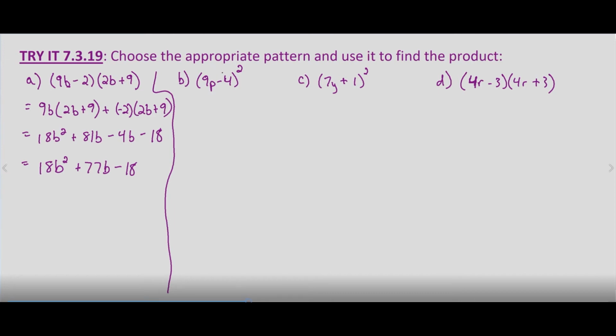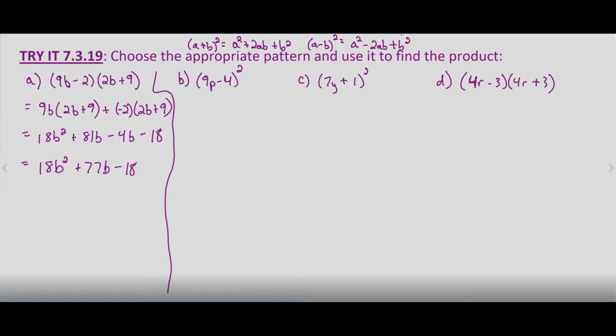Now with our second problem, 9p minus 4 squared, we're looking at a binomial square. And remember, the pattern with that is a plus b squared equals a squared plus 2ab plus b squared, and a minus b squared equals a squared minus 2ab plus b squared.